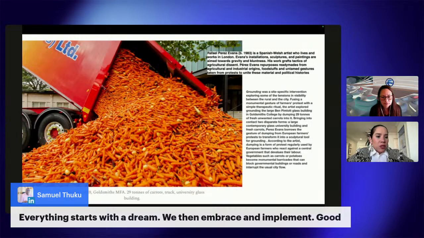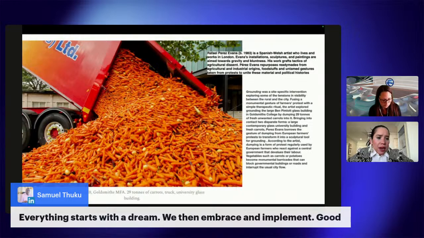Grounding was a site-specific intervention exploring some of the tensions in visibility between the rural and the city, fusing a monumental gesture of farmers' protest with a simple therapeutic ritual. So the artist explored grounding the large Pimlott glass building in Goldsmiths College in England.